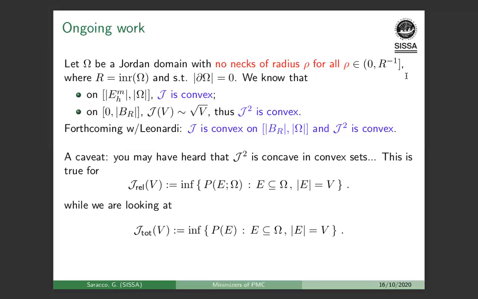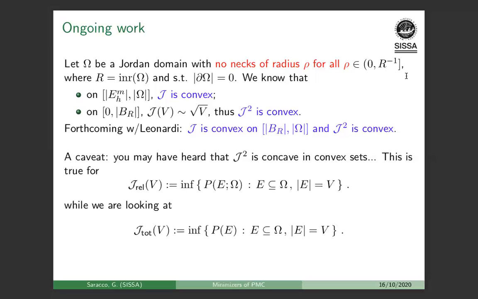the infimum of the relative perimeter of E inside omega among all subsets of omega whose volume is V. So in this first case, for minimizers, sticking to the boundary of omega is free. They don't pay anything. And so you look at the relative perimeter inside omega, and the square of this is concave, and this is a well-known result.